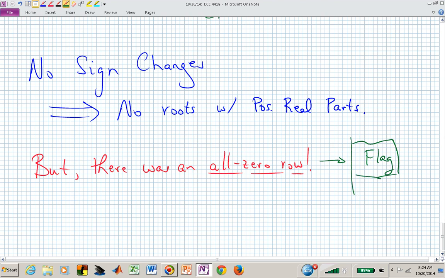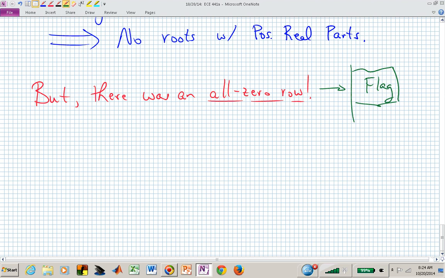Does that look like a flag? So that should alert you. That's a flag, if you have an all-zero row or an epsilon that you have to use to continue constructing your Routh array.